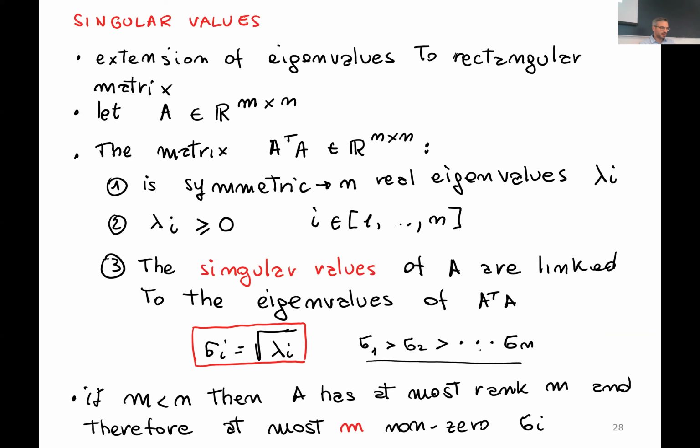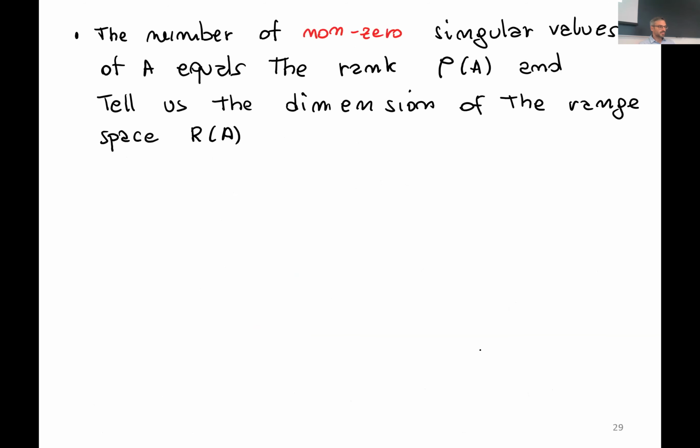In the redundant case, for example, matrix A has at most rank m and at most m non-zero singular values. So the number of non-zero singular values is equal to the rank of the matrix. This means that we can use them, for example, to know the dimension of the range space.